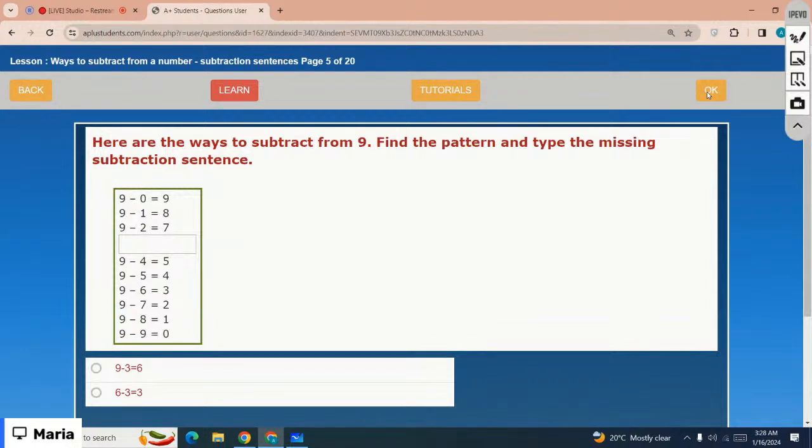Here are the ways to subtract from 9. Find the pattern and type the missing subtraction sentence. So which is the correct option?